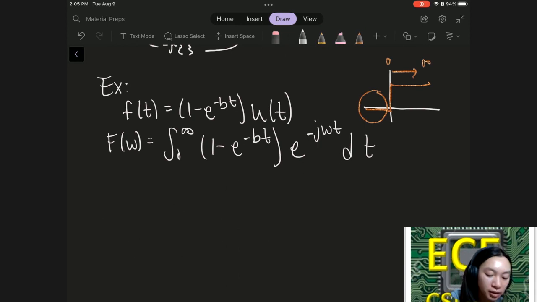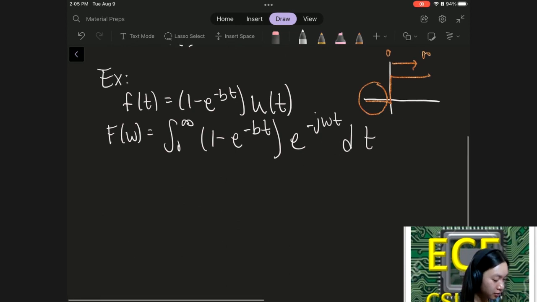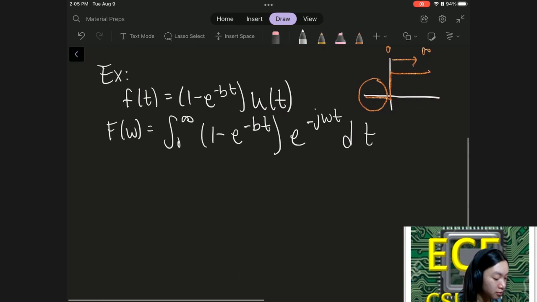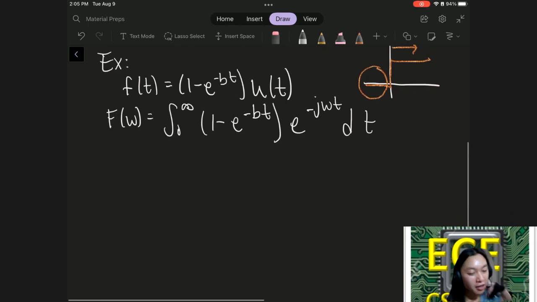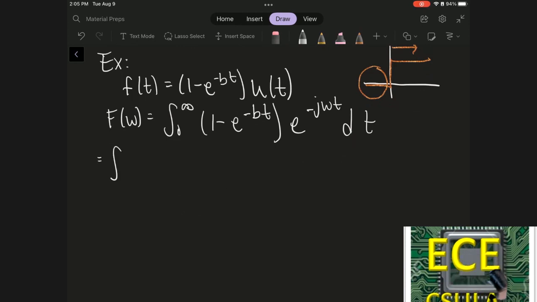Okay. So let's take the integral of this. It's gonna fit. Oh God, I need to write smaller. Okay, so I'm gonna distribute this part. So then it'll be the integral from 0 to infinity of e to the minus jwt, and I'm gonna break this integral up into two parts, so it'll be easier.